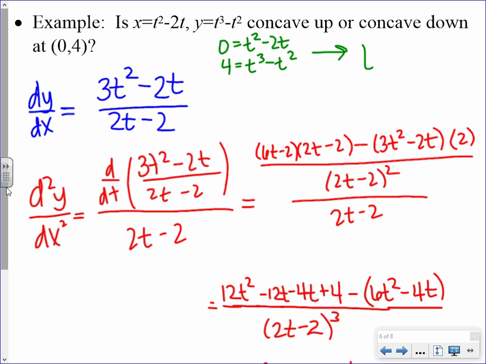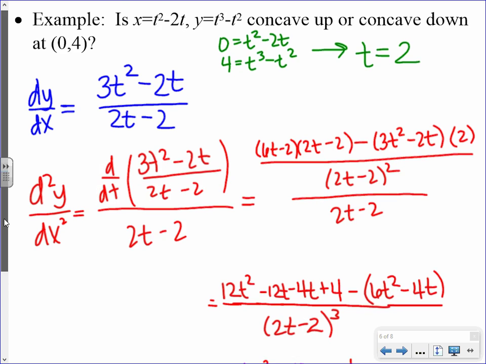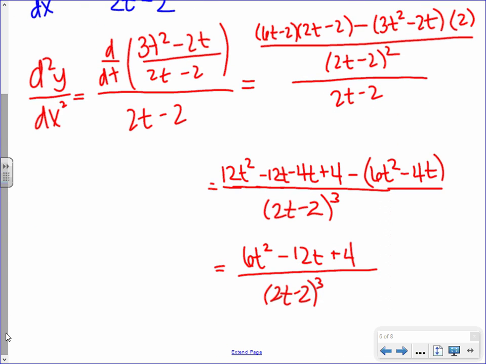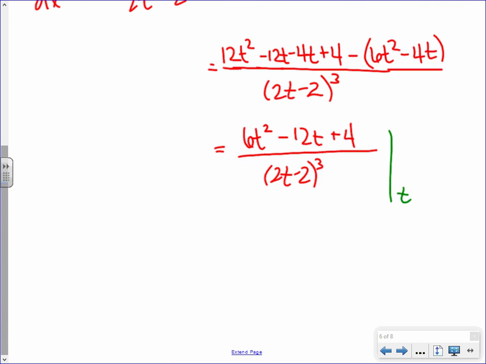So that means t is 2. Come back up to here. This is t times (t minus 2). Obviously, t can't be 0, otherwise y would also be 0. So t has to be 2. So we can come down here now and evaluate this at t equals 2.